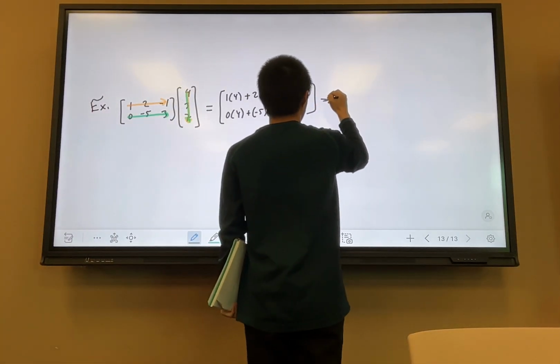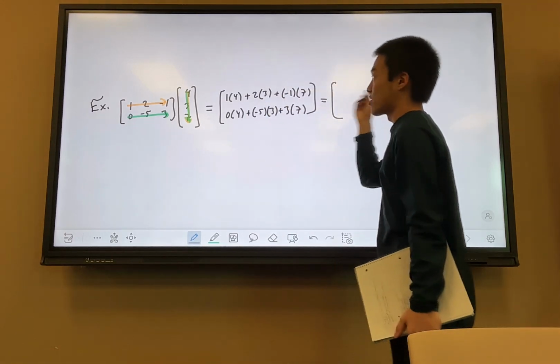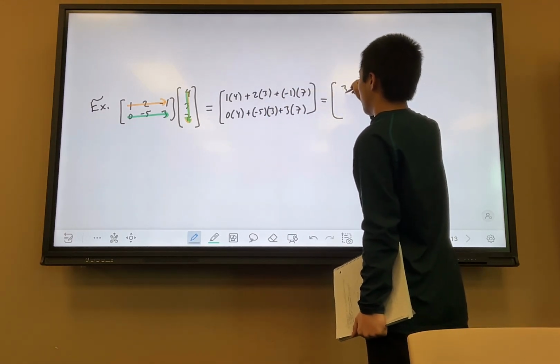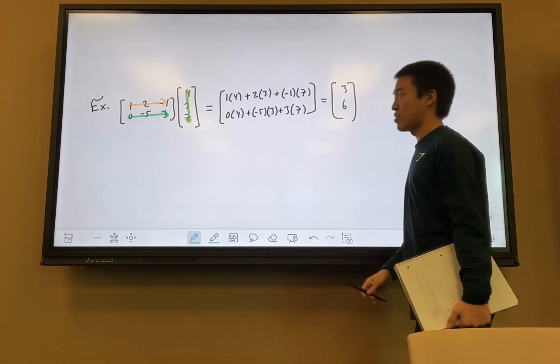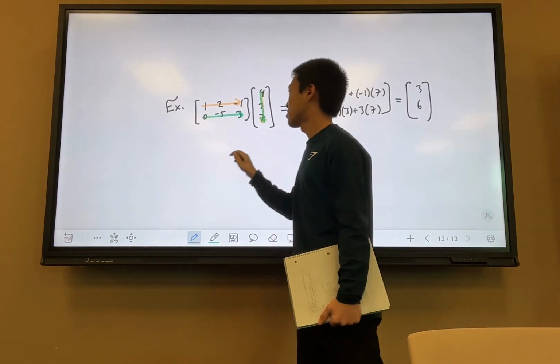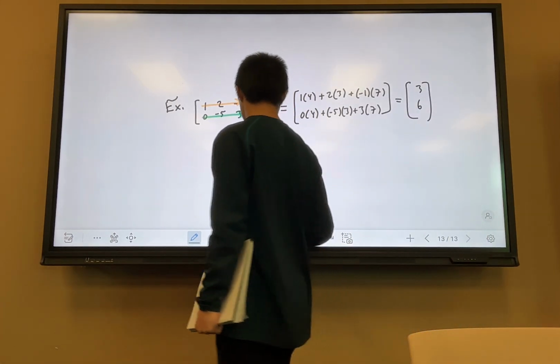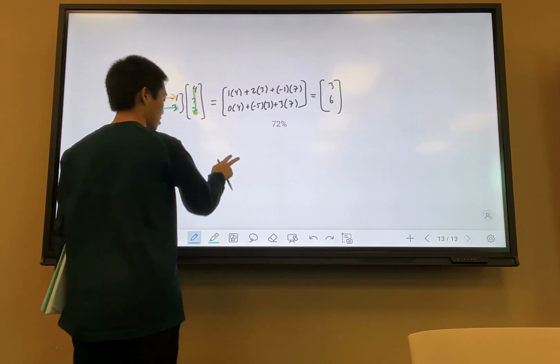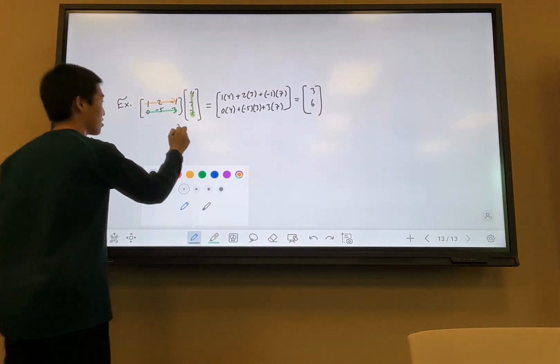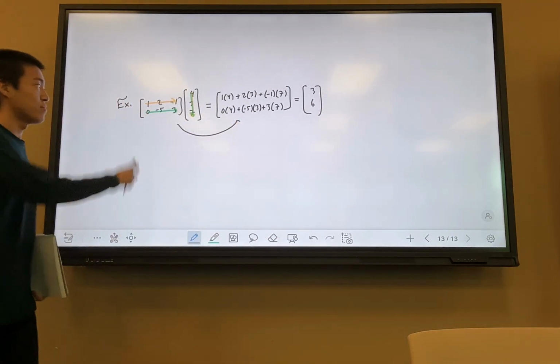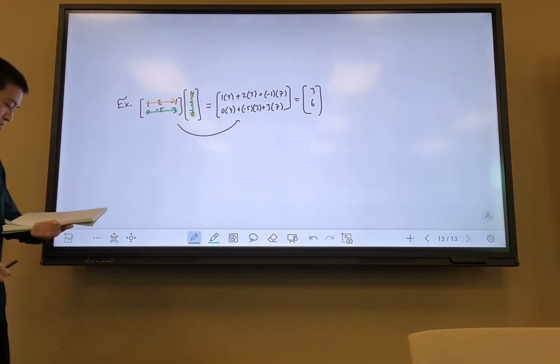Then, obviously, you can do the arithmetic. It'll just be 36. But if you wanted to go in one step from here to here, then you can do so with this kind of algorithm.